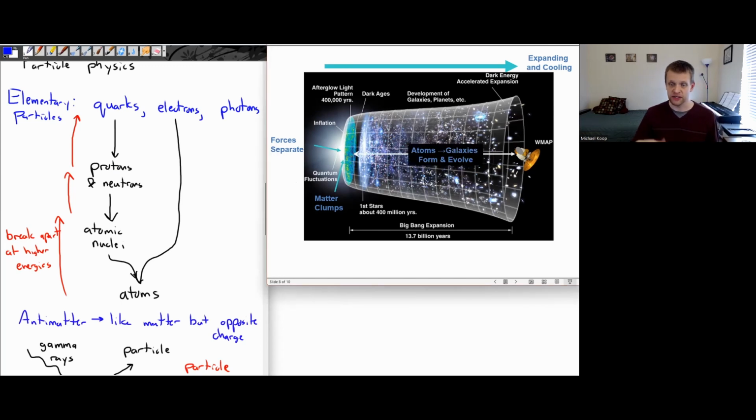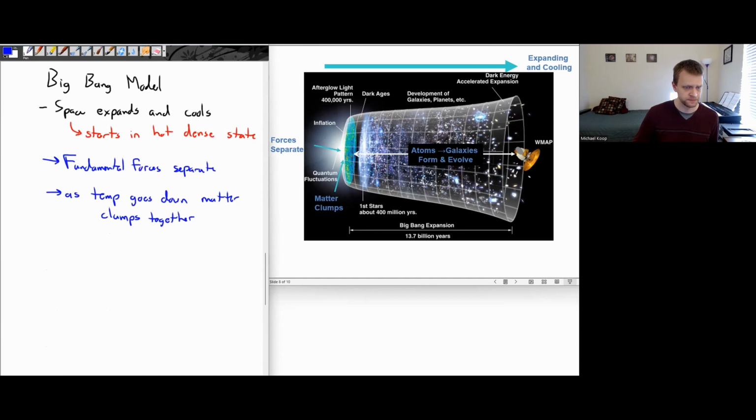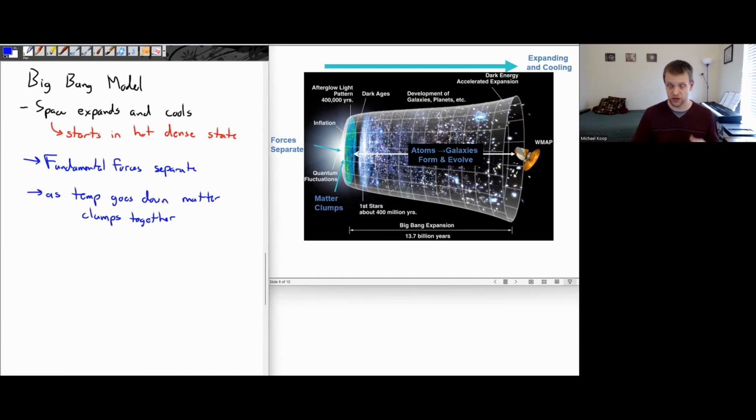And then as time continues to go on, gravity is going to take those atoms and start pulling them together, making these protogalactic clouds, starting to form galaxies, the first generations of stars. And then all of those stars and galaxies are going to go through that star-gas-star cycle that we talked about before, and eventually result in the kind of universe that we see around us.